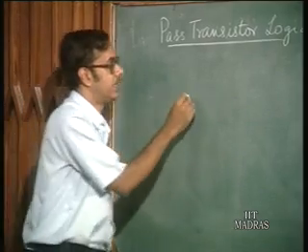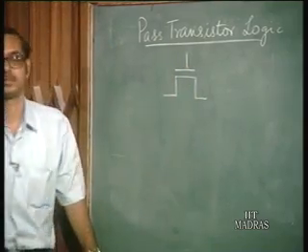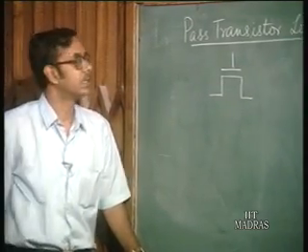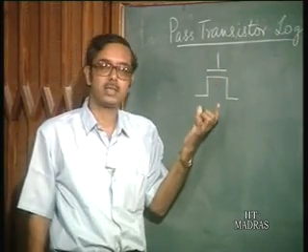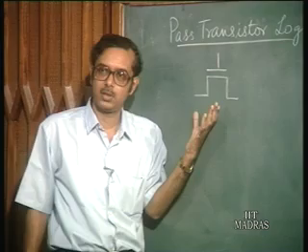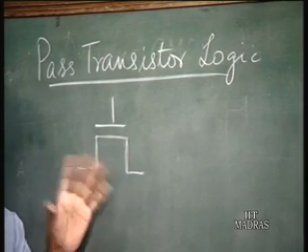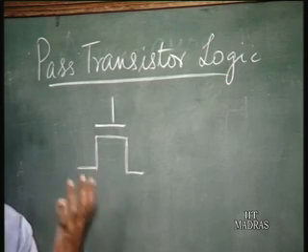A pass transistor is nothing but, say, an NMOS transistor. Why is it called a pass transistor? It is called a pass transistor because when the gate voltage of this NMOS is high, then it behaves as an on switch. Basically, in pass transistor logic, we consider this as a switch.